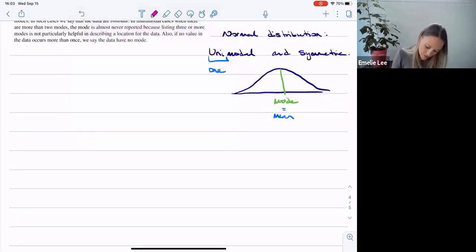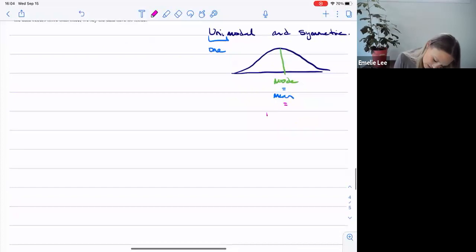But also, what's cool about the normal distribution is that if it's perfectly normal, if it's this beautiful normal distribution, then all the m's are going to be in the center. So the median is also in the center, right? If you're able to fold it in half, then half the data is below it and half the data is above that point. And that is the definition of the median, right?